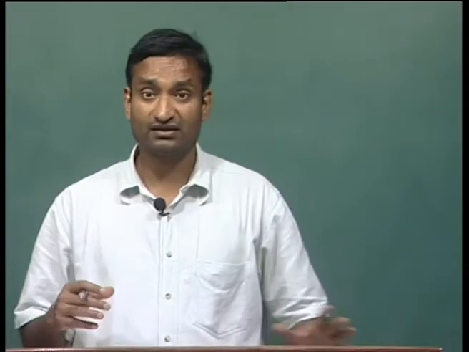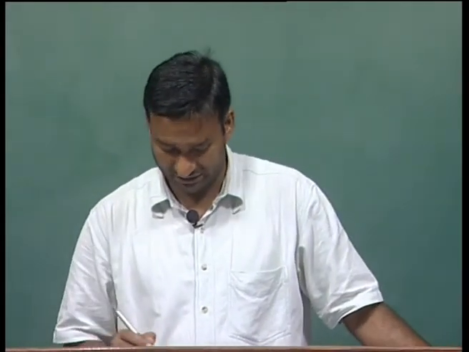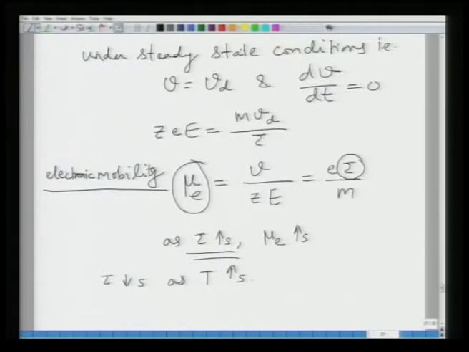Temperature increases means the lattice vibration increases. As the lattice vibrations increase, the electrons tend to scatter more and more. As a result, tau decreases. So, as the temperature increases, tau decreases, and hence mu_e will decrease.